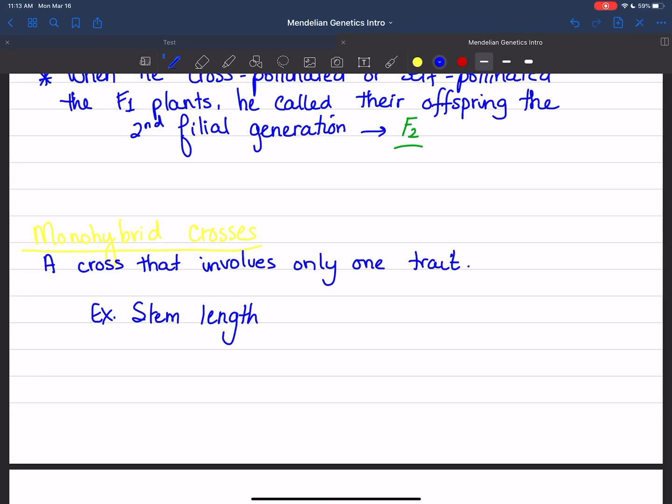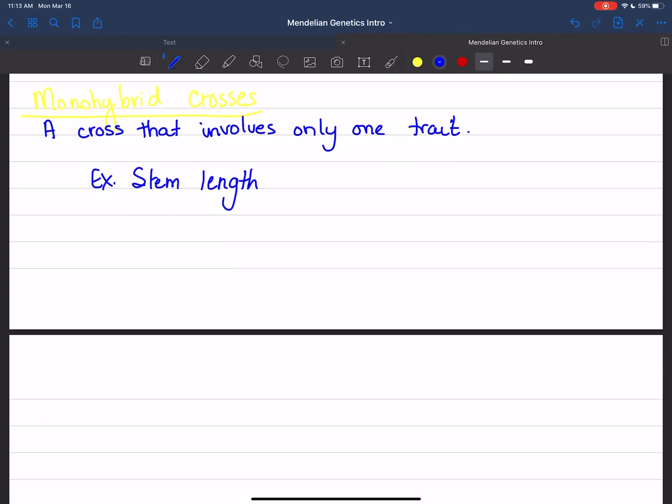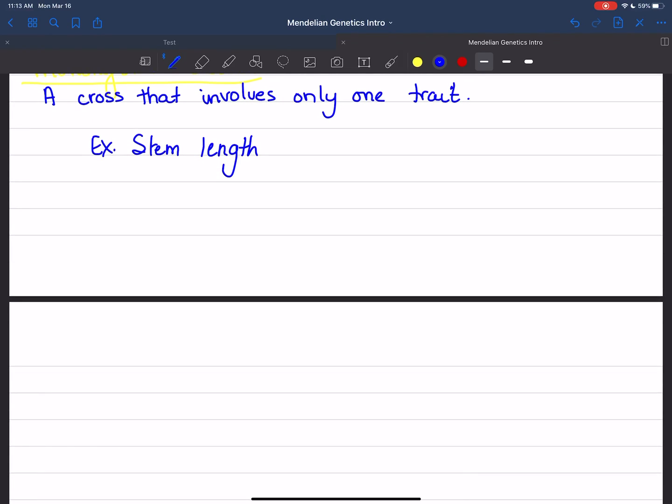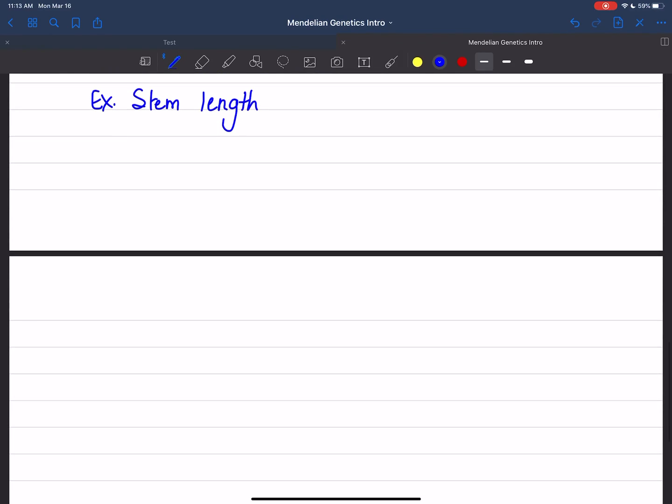Later on, we're going to explore dihybrid crosses. What happens if I get a tall plant with pink flowers and I cross it with a short plant with white flowers? But right now, we're just going to focus on stem length. So just short versus long, okay? And let's have a look at some of the crosses that Mendel performed.